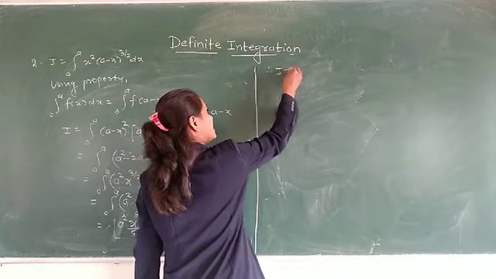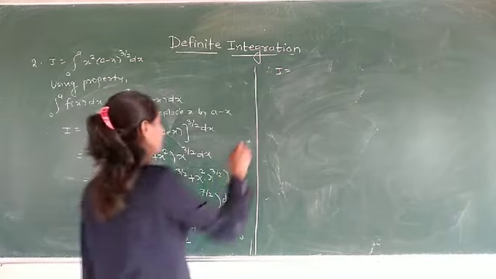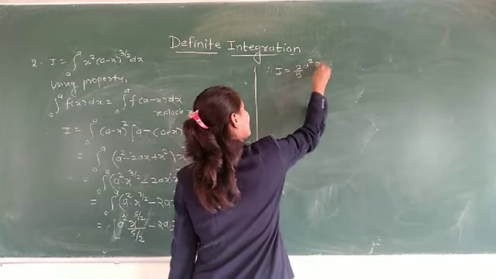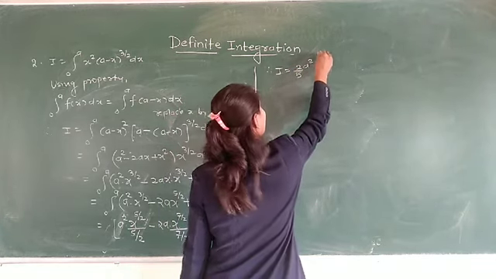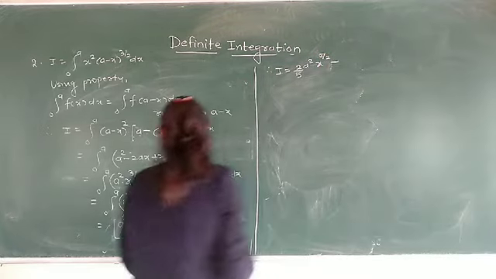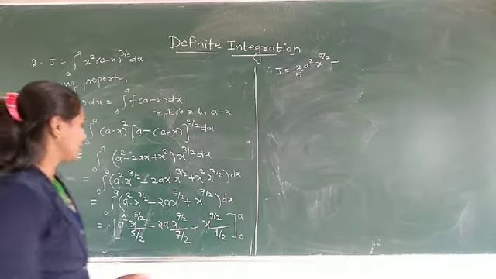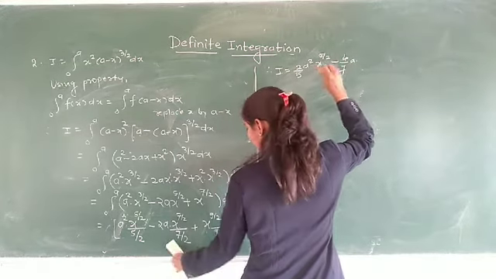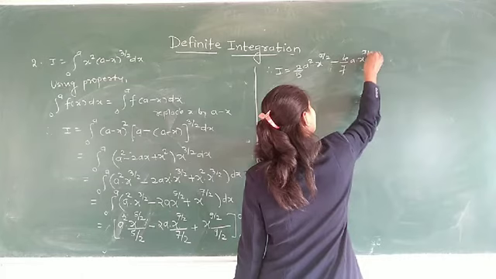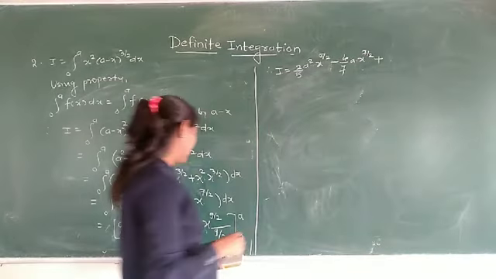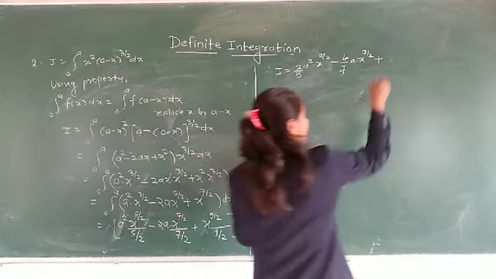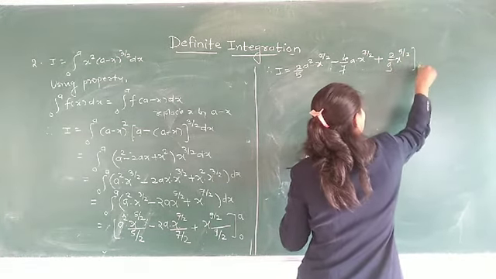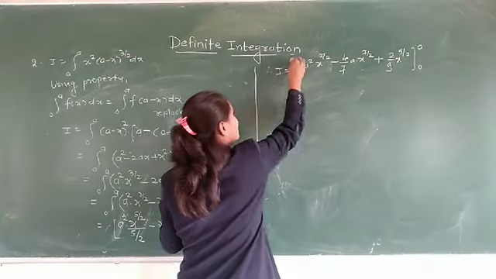Therefore, I is equal to 2 by 5 a square into x raised to 5 by 2 minus 2 into 2, that is 4 by 7 a into x raised to 7 by 2 plus 2 by 9 into x raised to 9 by 2, and limits of integration are 0 to a.